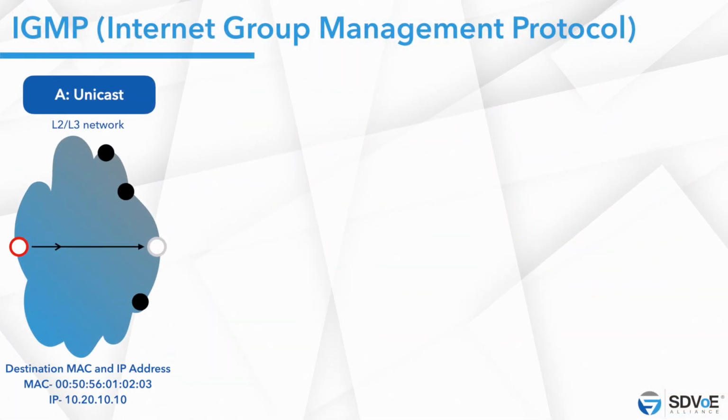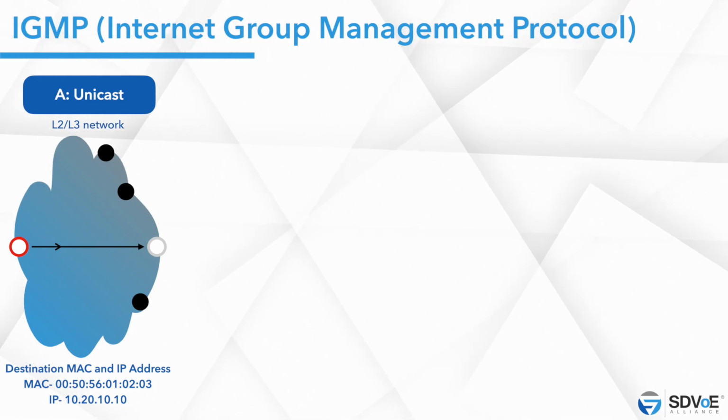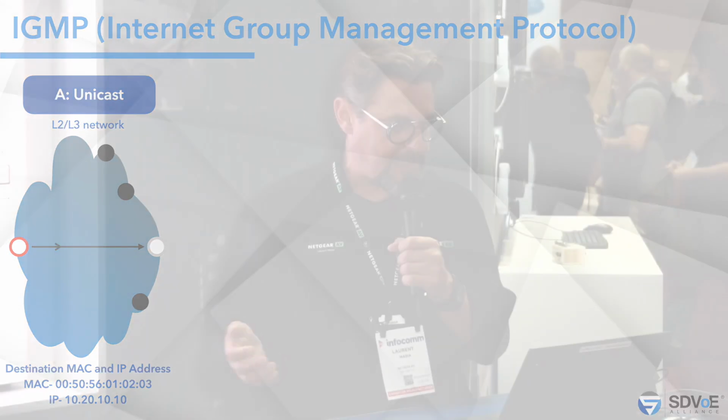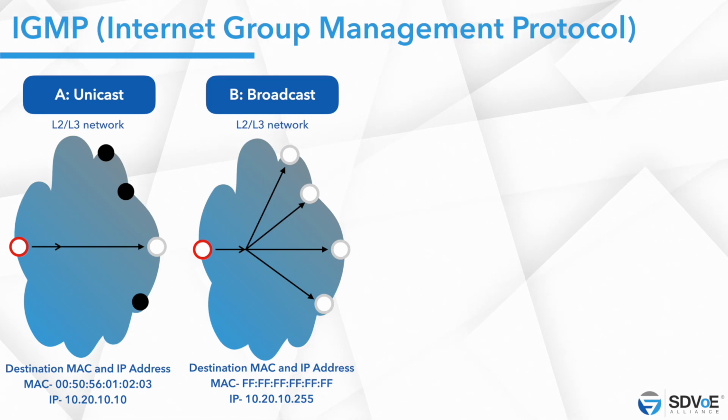So multicast is just one type of transport over Ethernet networks. You have unicast, 1-to-1. You know the MAC addresses and the IP addresses, class A, class B, class C, like this one, 10.20. That's easy. That's what you get on your computers, even in your home networks. In the broadcast type of messaging, this is one-to-many.